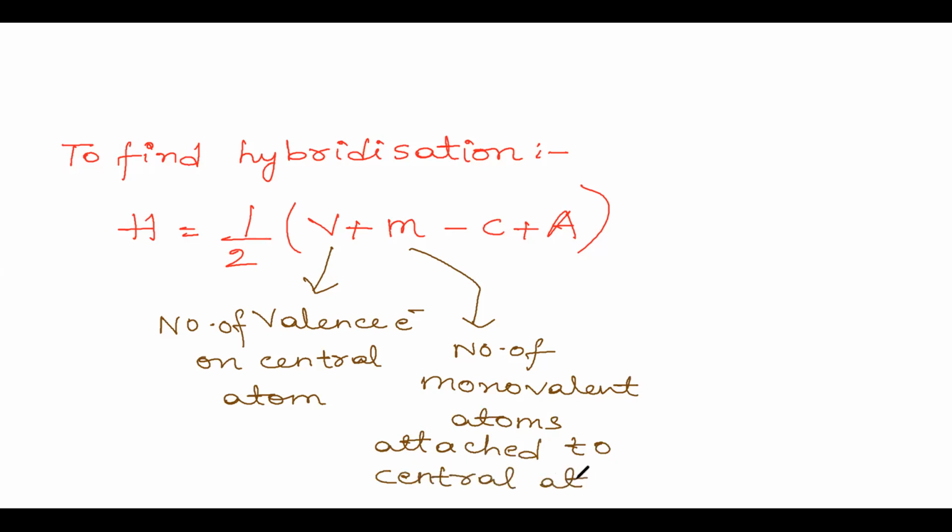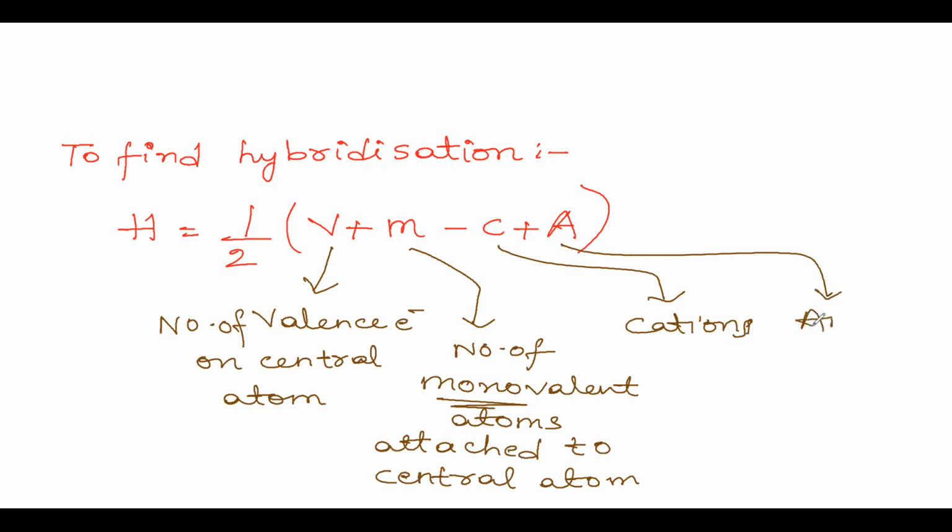Monovalent, very important. C is the number of cations and A is the number of anions. With this formula, we can find hybridization in ions also.